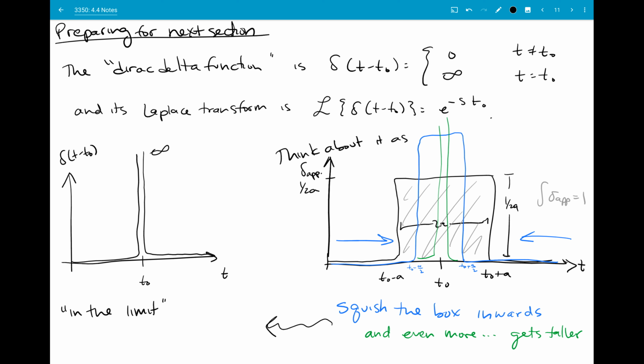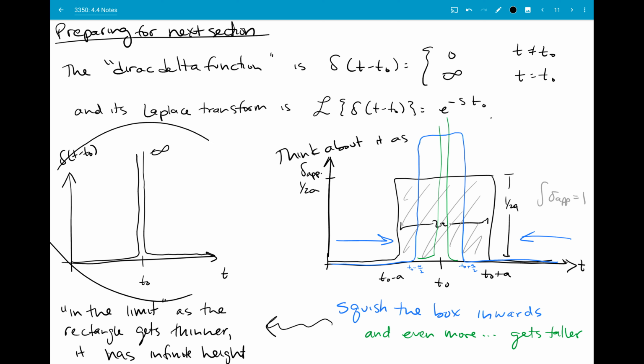In the limit, as my rectangle gets thinner and thinner so that it only occurs at a single point, it has infinite height. It gets infinitely thin, and so it's infinitely tall to have that same area under the curve that we imagined before. And so that's how the Dirac delta function works.